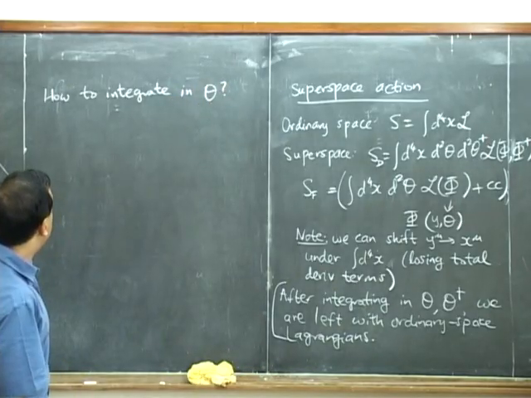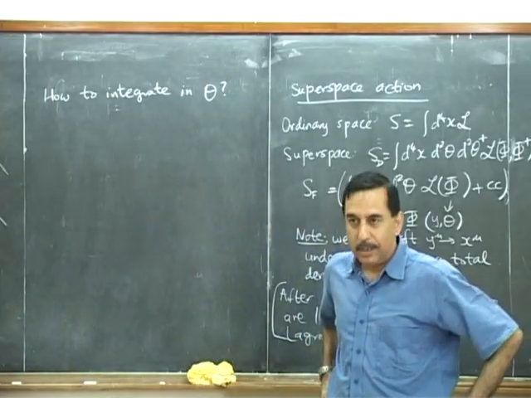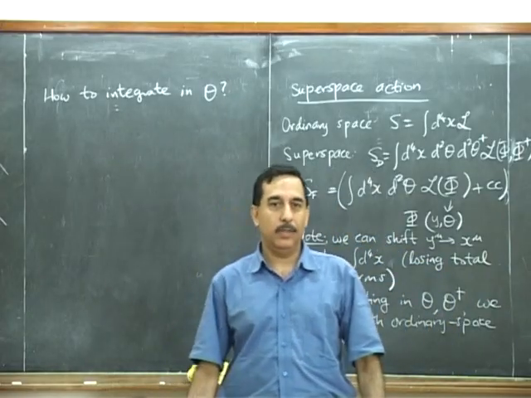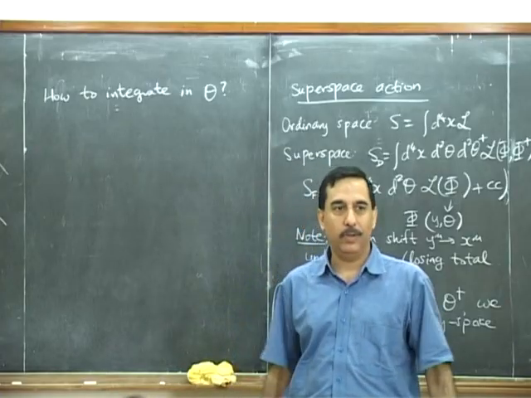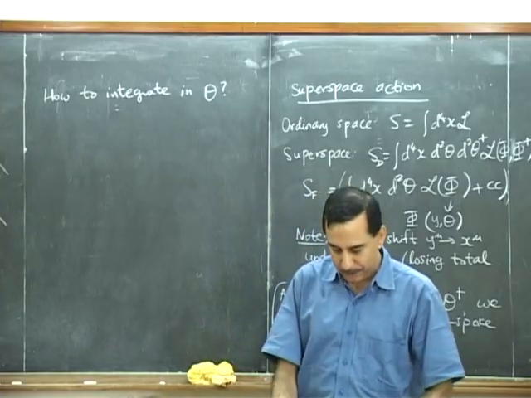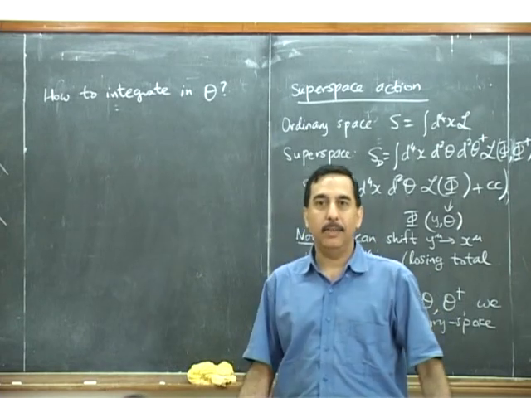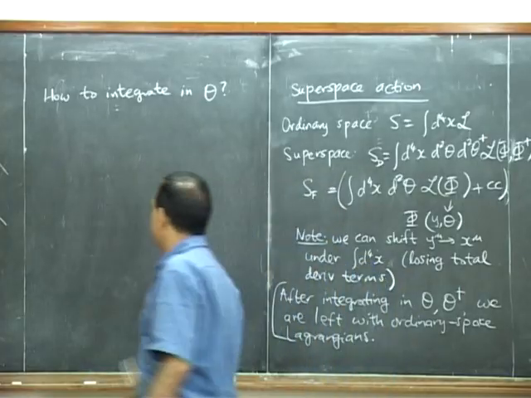I don't think there's any way to prove what you should do, but for that matter, even in ordinary space, you define an integration and then it's not so much proving the formula as finding out what it's useful for, to give some kind of first principles definition. And here we are going to do that by just examining a toy example and requiring some basic physical or mathematical properties to hold.